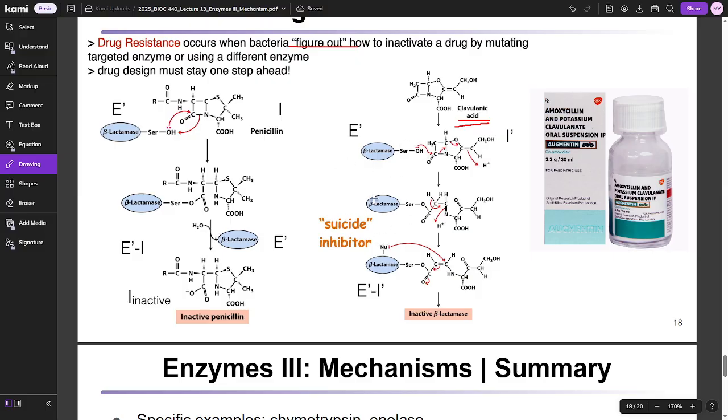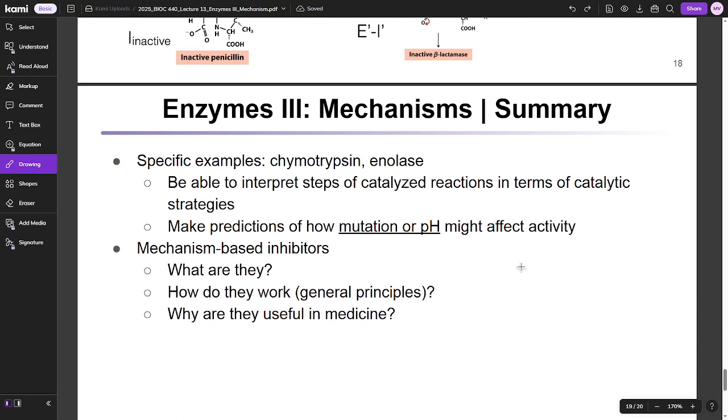So notice how this extra nucleophile has been added on, probably due to a mutation. But in order to form a new drug that actually binds very strongly, we need to make a section here that has an electrophilic center, so that this nucleophile can attack, so we can inhibit the enzyme. Okay, cool.